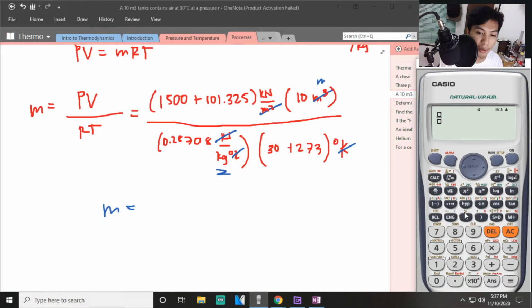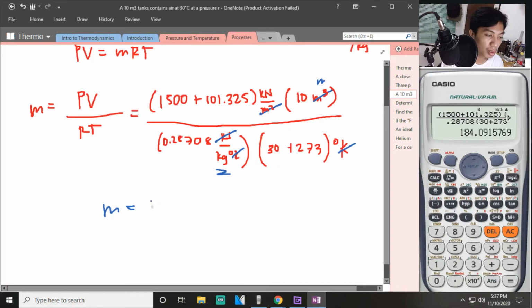So, 1,500 plus 101.325 times 10 over 0.28708 times 30 plus 273. The answer is 184 kilograms of air.